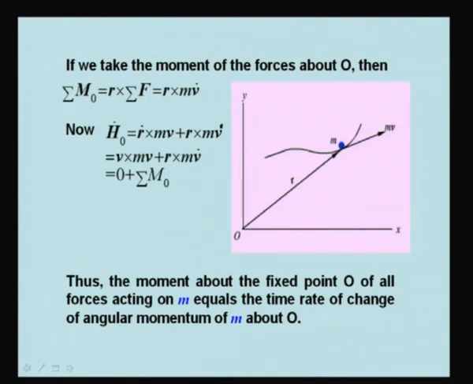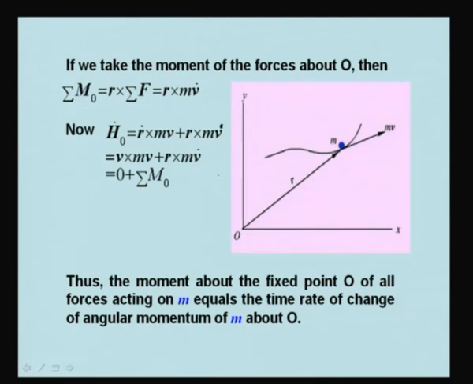M is a scalar, it can anyway be taken outside. So this term has become 0. Therefore, you have got R cross mv dot, which is nothing but sigma M0 as shown here. Therefore, H dot O is equal to sigma M0.